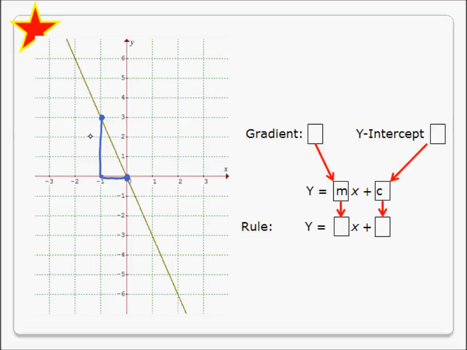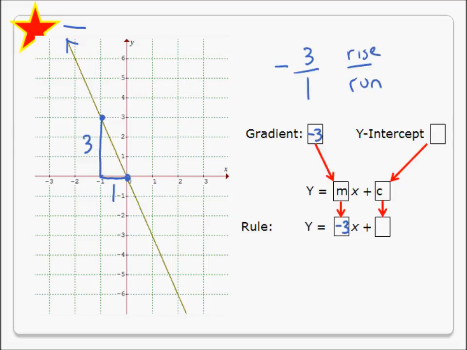My rise is 3. My run is 1. However, this time the graph is pointing up towards the negative side. So my gradient is going to be a -3 over 1. Right? So -3 is my gradient.